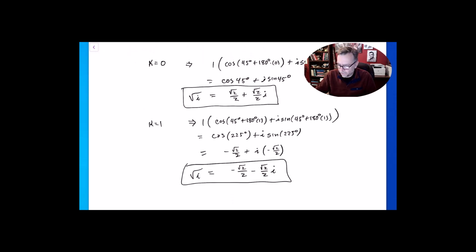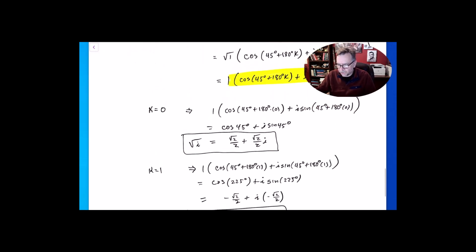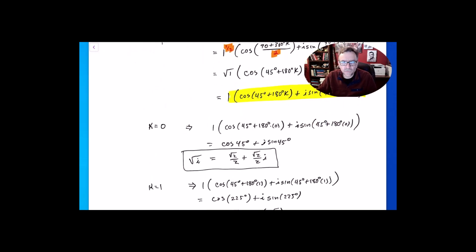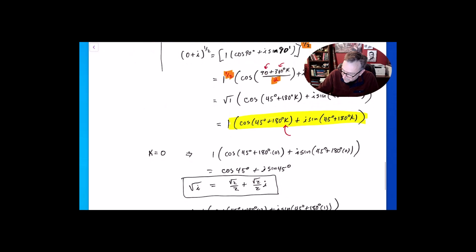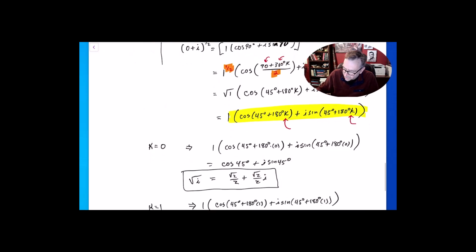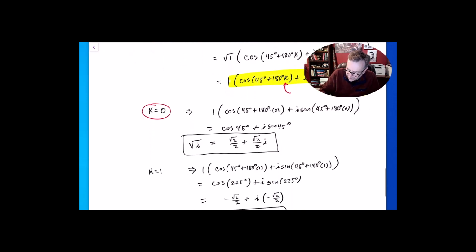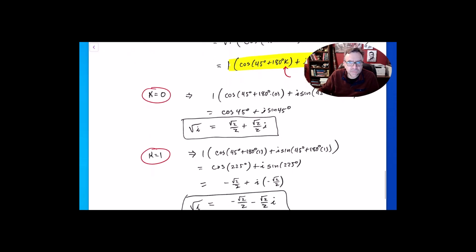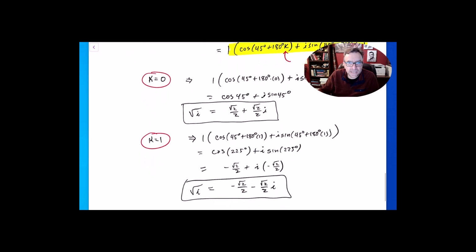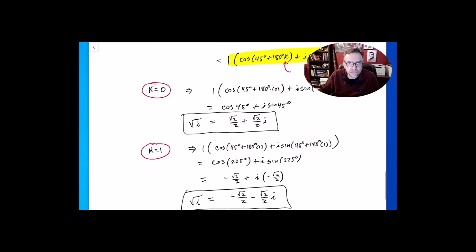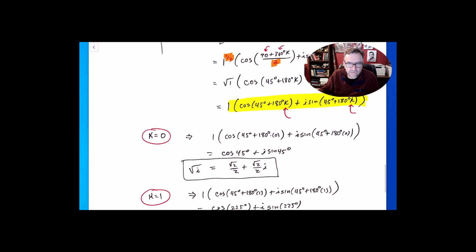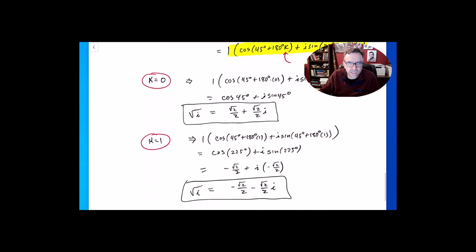All right, so if I plug in k equals 2, it'll start to repeat. So DeMoivre's theorem gives me a formula based on k to get the 2 answers that you're after. All right, so hopefully that makes sense. DeMoivre's theorem gives you that formula there, and then you start plugging in k's.